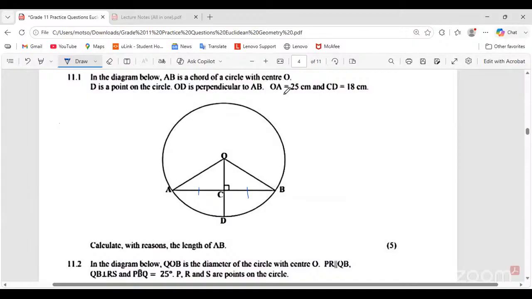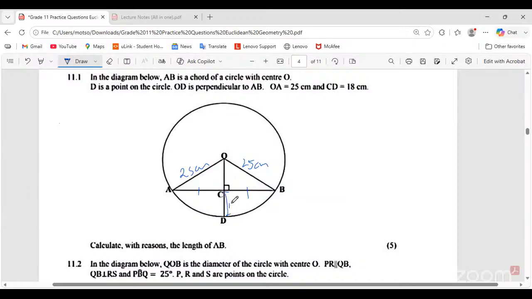Yes. OA is equal to 25. OA, that is the radius, 25 centimeters, meaning also OB will be 25 centimeters, right? Yes. And CD is 18. CD is only this portion here.